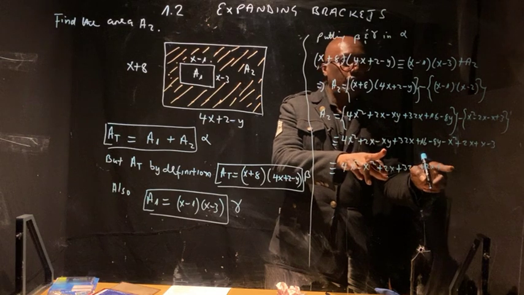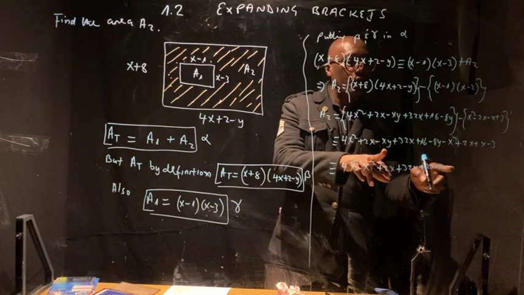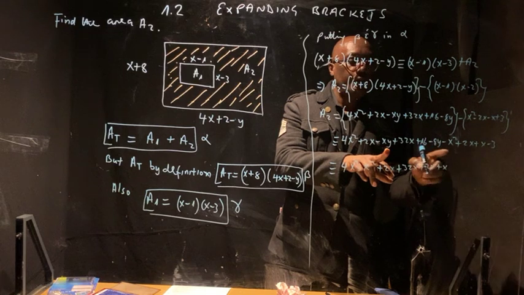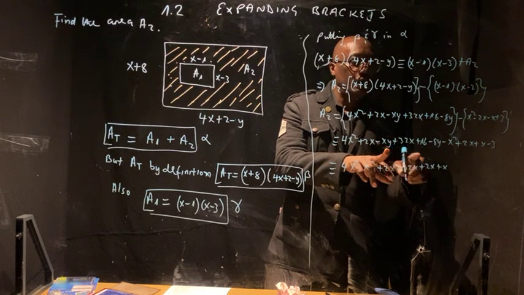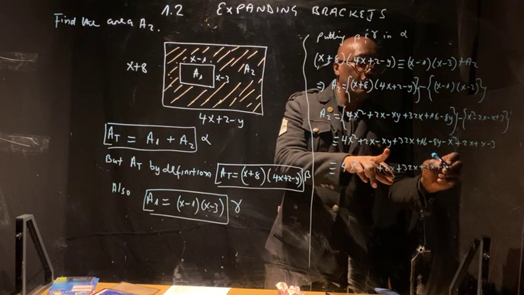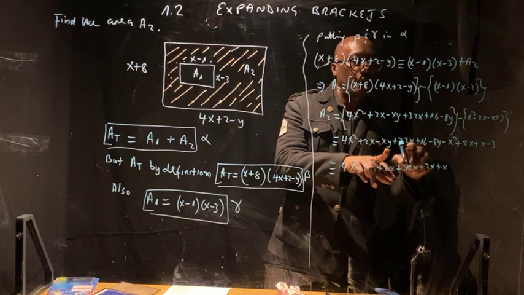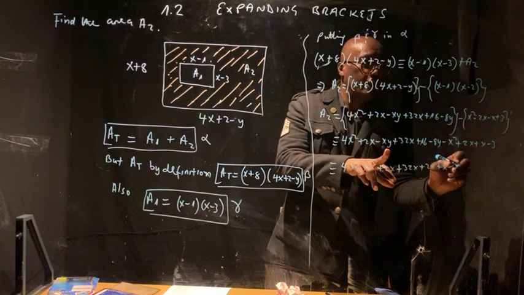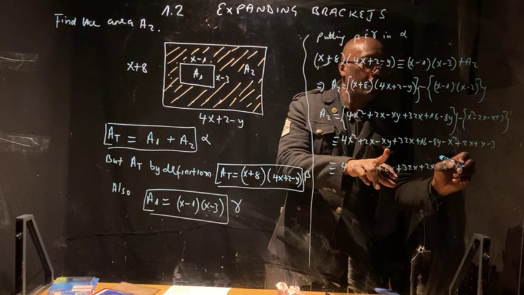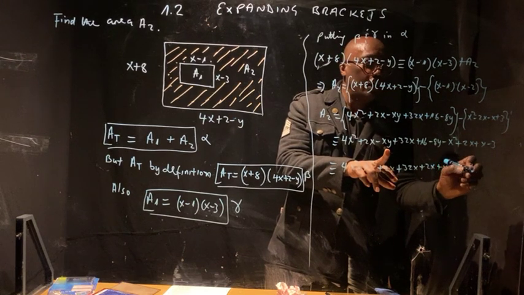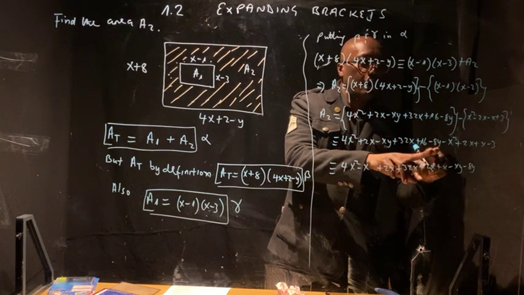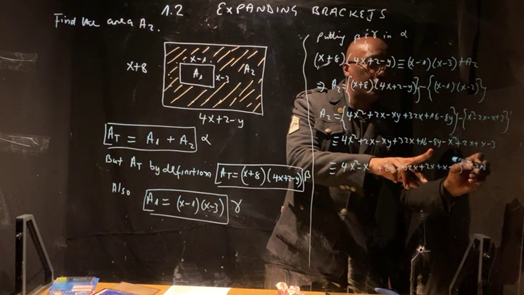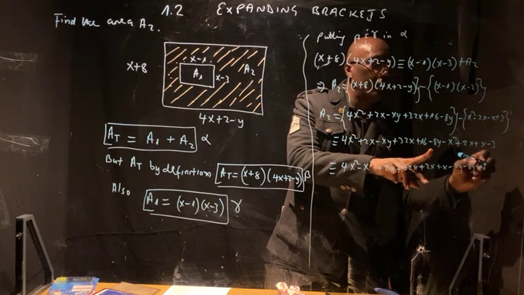Then we have the y terms: minus xy, minus 8y. Then the constants, plus 16 minus 3.